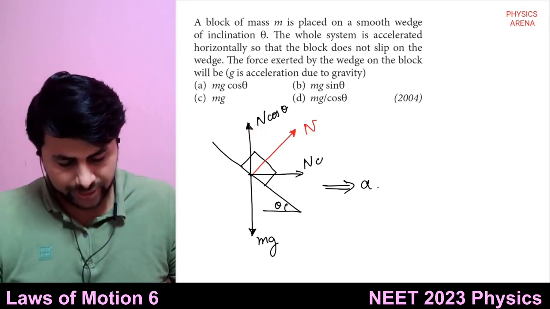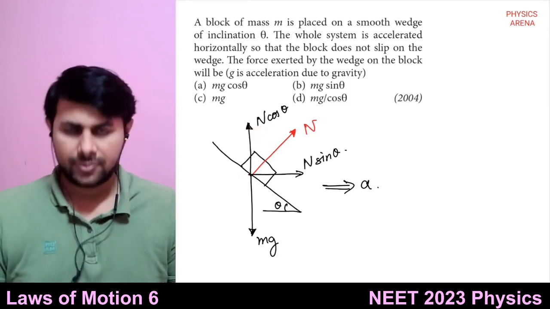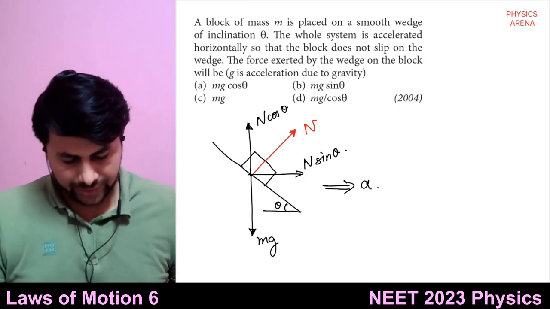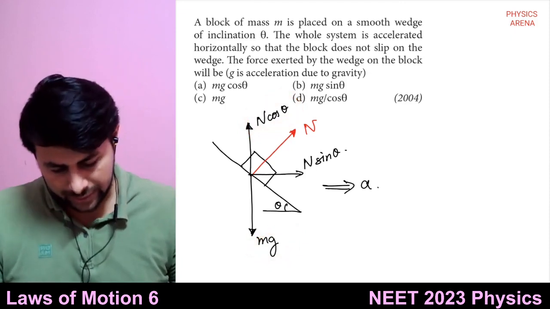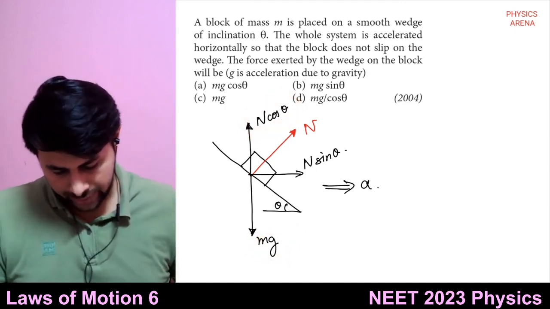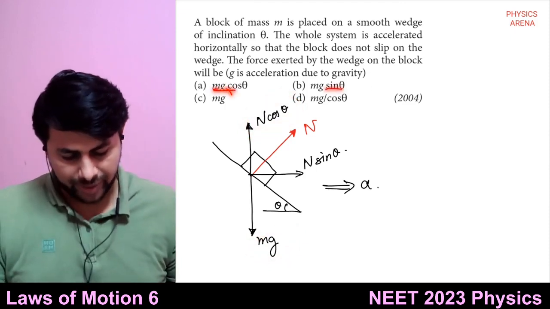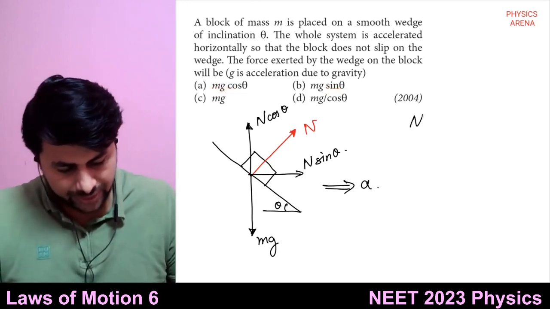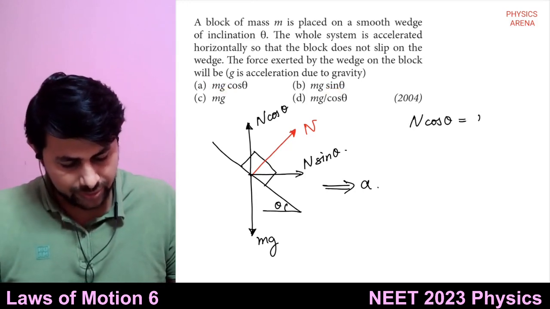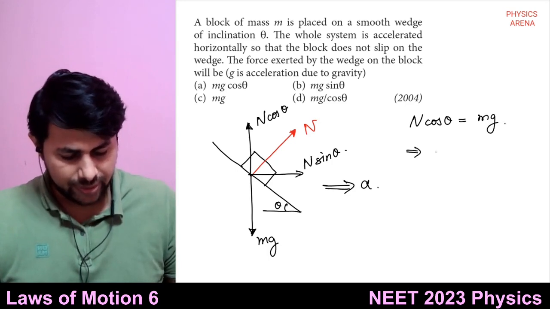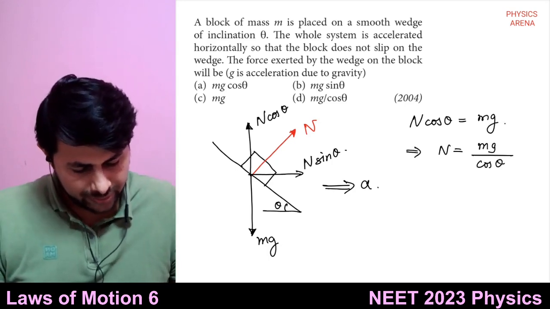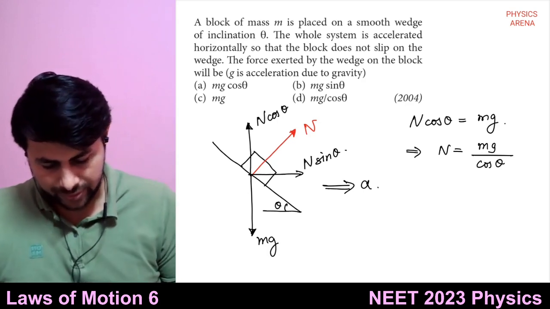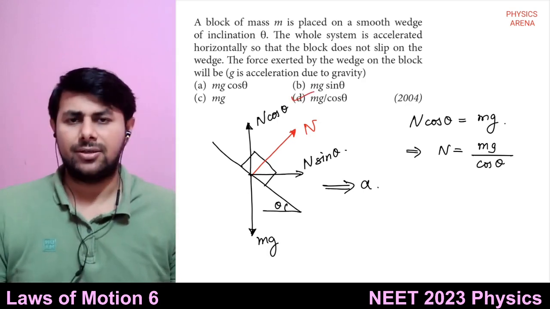This other component is N sin theta. Okay. And N cos theta is equal to mg. Right. So the options are given in terms of mg. So I can say N cos theta is equal to mg, and therefore N is equal to what? Mg divided by cos theta. Okay, it is mg divided by cos theta. Option D is the answer.